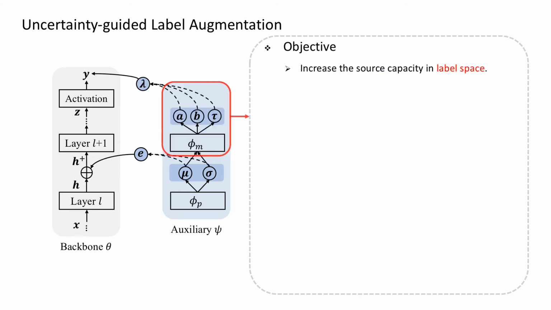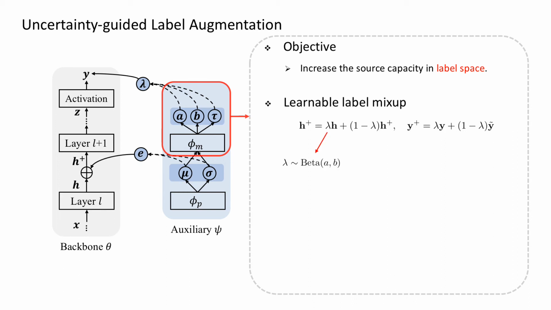To create a label augmentation, we propose learnable label mixup. First, we mix up the source and the augmentation to achieve in-between domain interpolations. Second, we leverage the uncertainty encoded in mu and sigma to predict learnable parameters A and B of the beta distribution, which controls the direction and strength of domain interpolations.